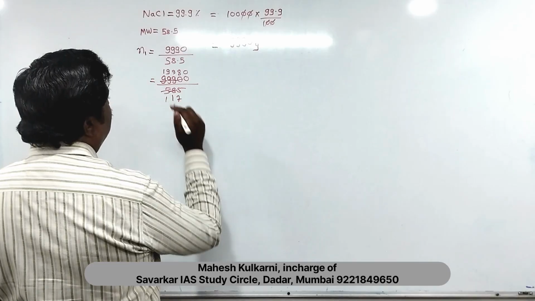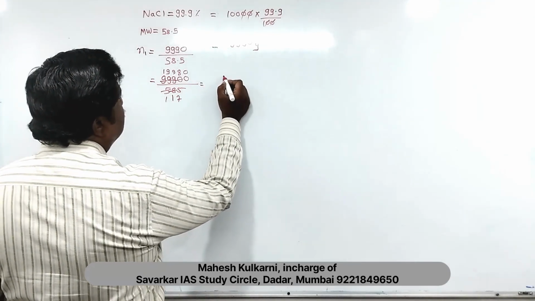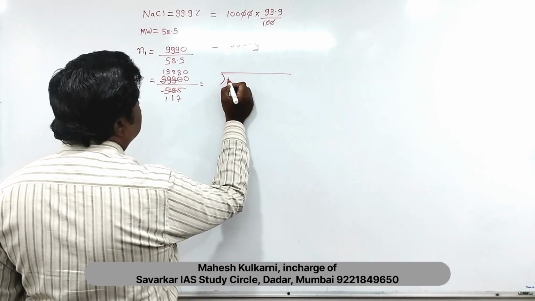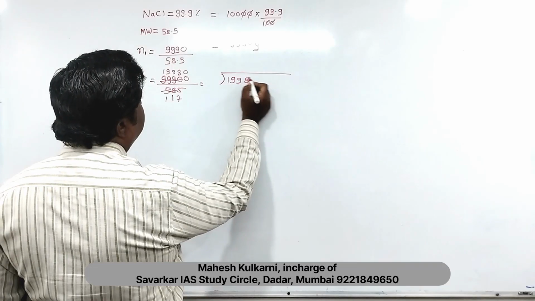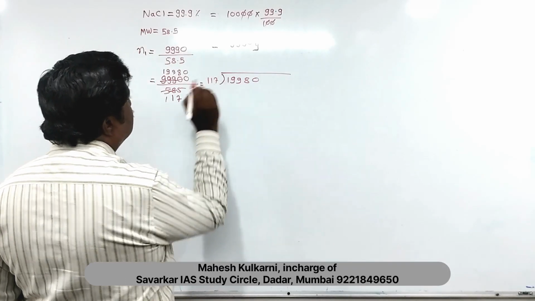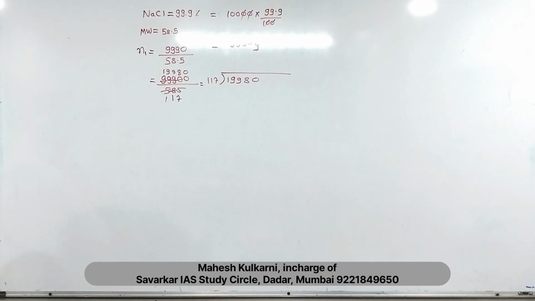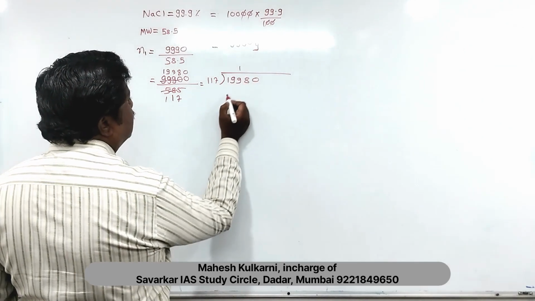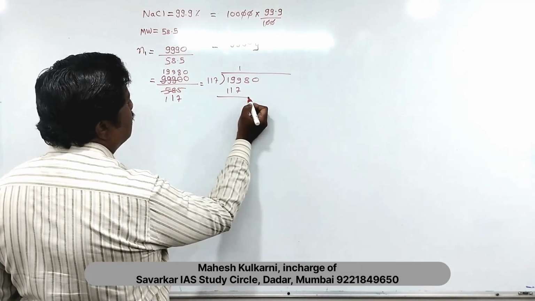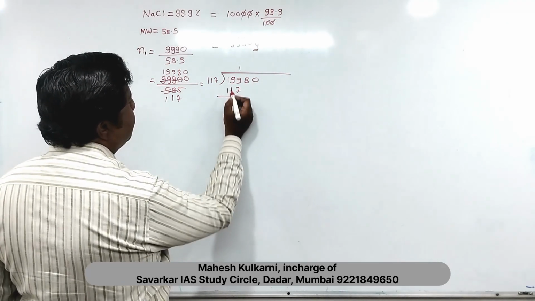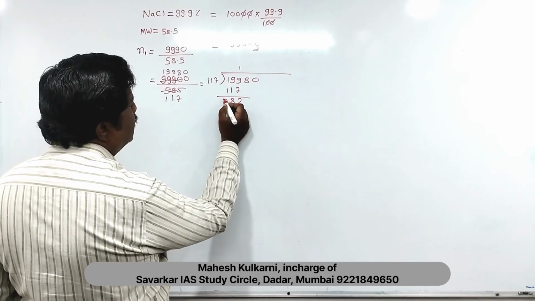So the number of moles, that I have to calculate, 19980 and here 117. Now it's 117, so 280.